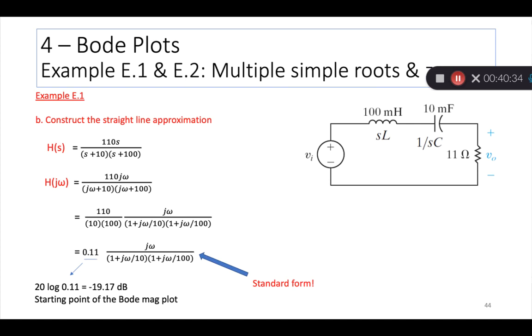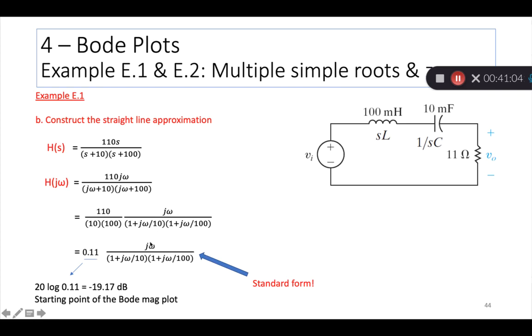Continuing, so we have this nice transfer function in S. Now we have to find the transfer function in the frequency domain. So substitute j omega and you get that. Now you also need to convert it into standard form, and I show you the math here on how to convert to the standard form. In the standard form we have one 0 at the origin.